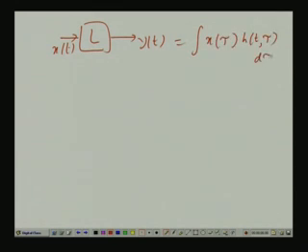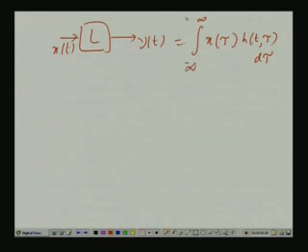Remember, only when it was time invariant did it become a function of t minus tau, and there I could replace t minus tau by tau prime and write it in a reverse way, that instead of x(tau) h(t minus tau), I could also write h(tau) x(t minus tau). But when it is not time invariant, I cannot proceed any further from here, so I have to stick to this. To be most general, I keep only linearity, and I do not bring in time invariance unless necessary.